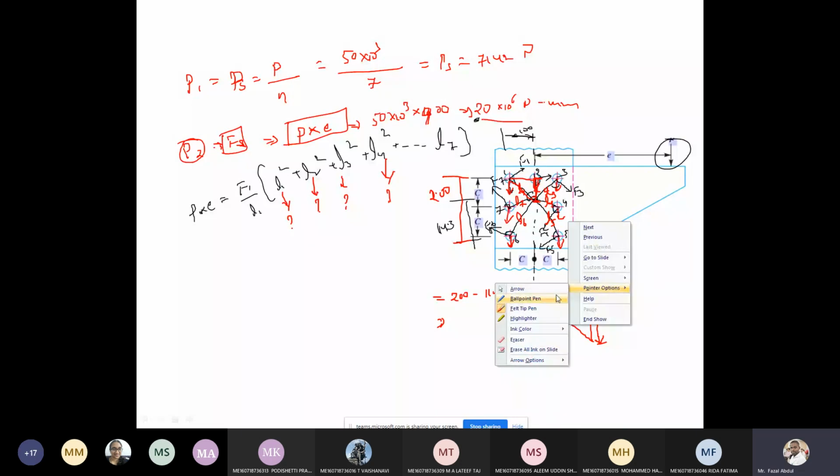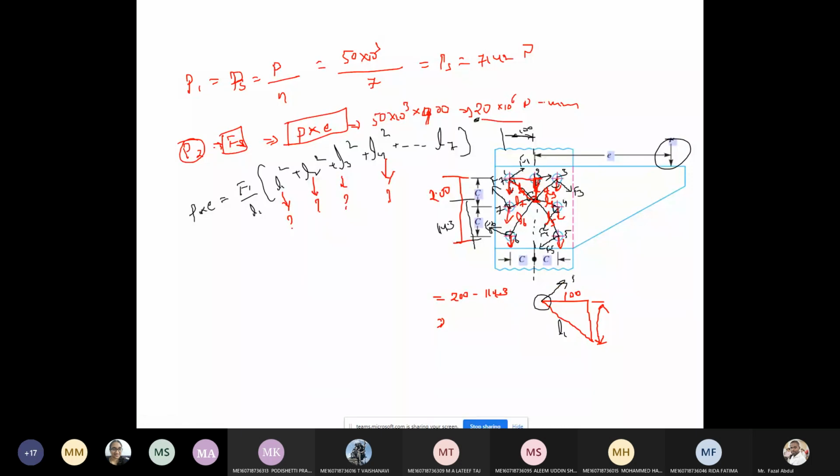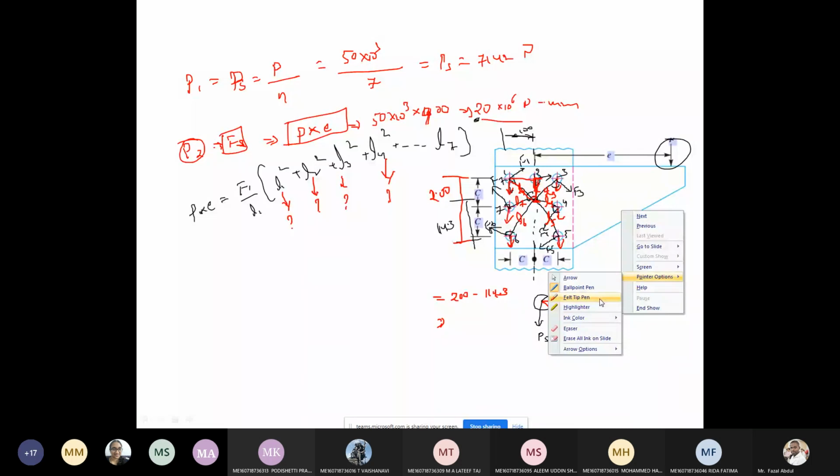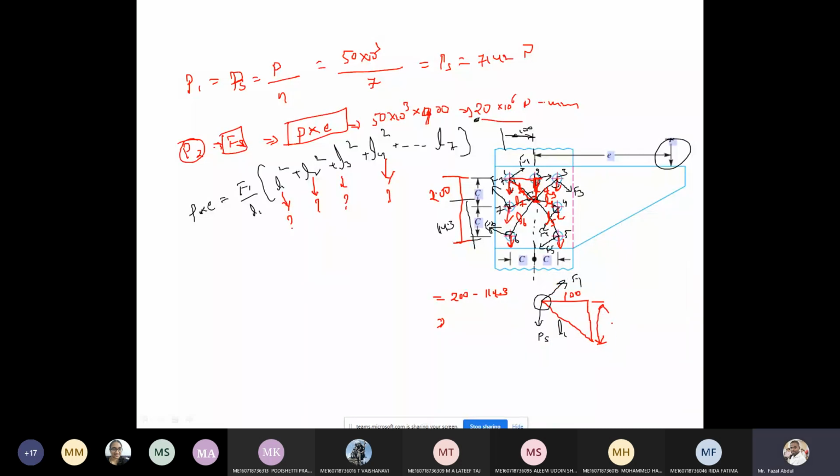Tell me, Babu, 200 minus 114.3, how much? What is the length of this side? 85.64.